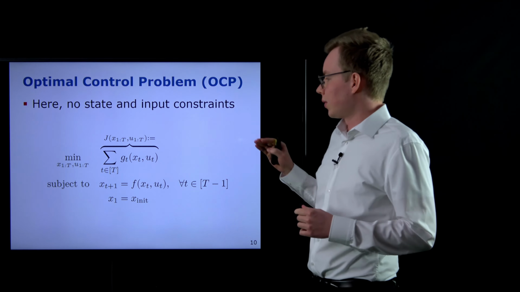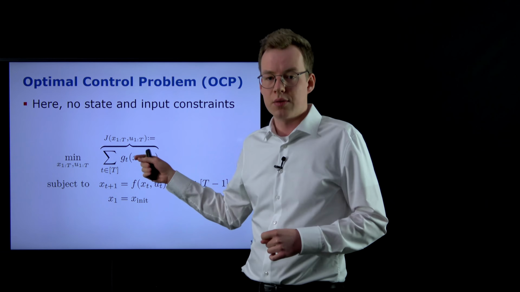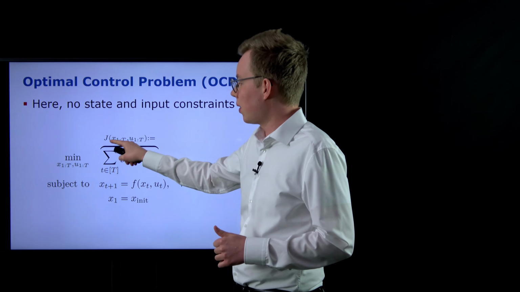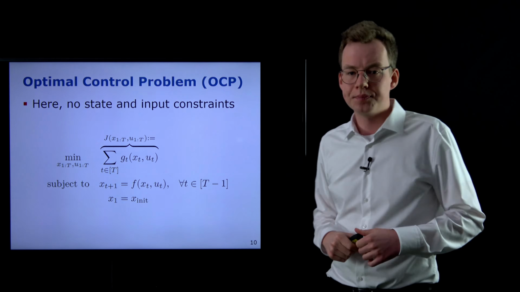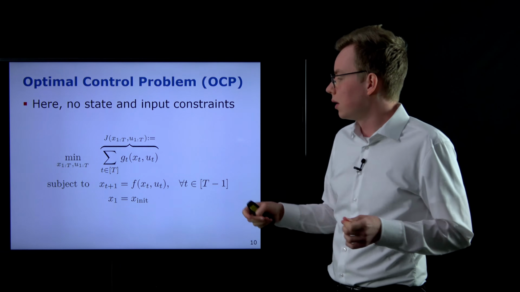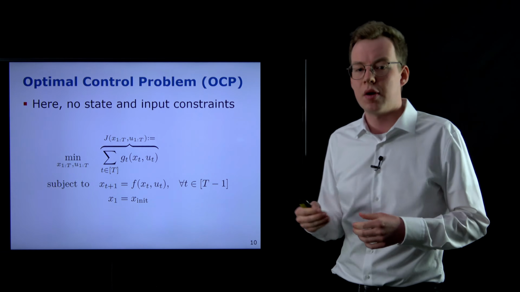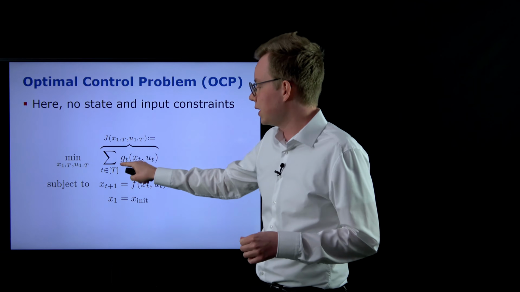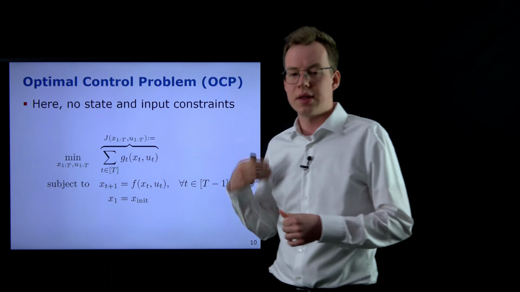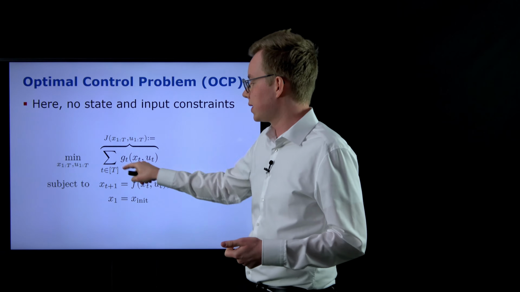Okay, and so another thing I want to remind you of, and that's also something we've already introduced in the previous lecture, is that we will assume that our objective is time separable. That is, we don't just have an arbitrary cost function here, but we assume that we can write this cost as a sum of stage costs, meaning that there are these small g, so g of x and u at each time step, and we can write the total cost as the sum of these stage costs.